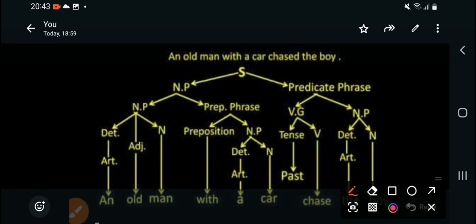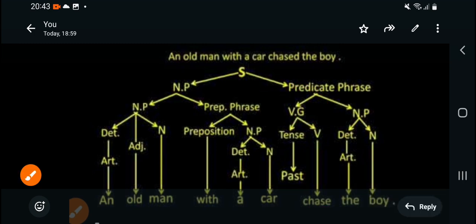What is VG here? Let me explain you. That is verbal group. Why? Because here they are telling the tense also. Chase is just the past tense. That's why they have shown this way. That is also the way you can do. Here the verbal group they have shown separately. That is called node.